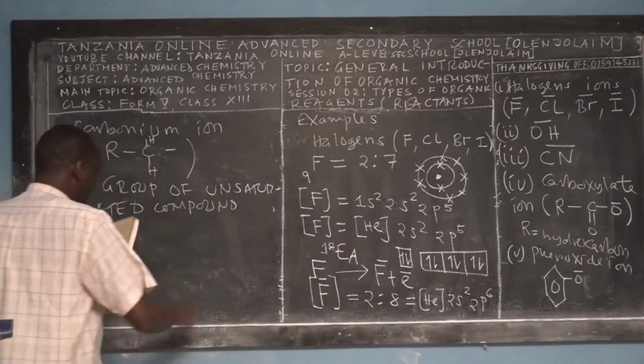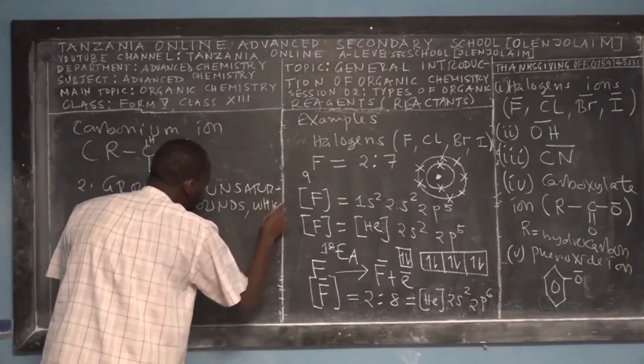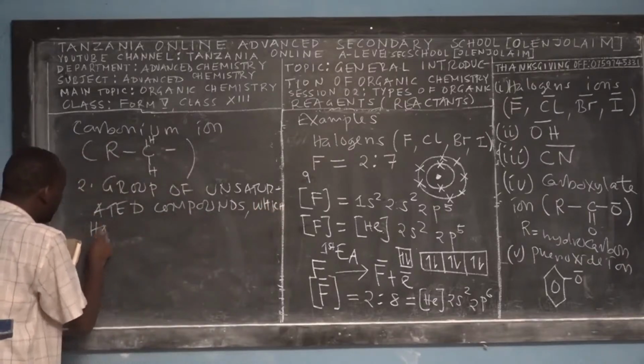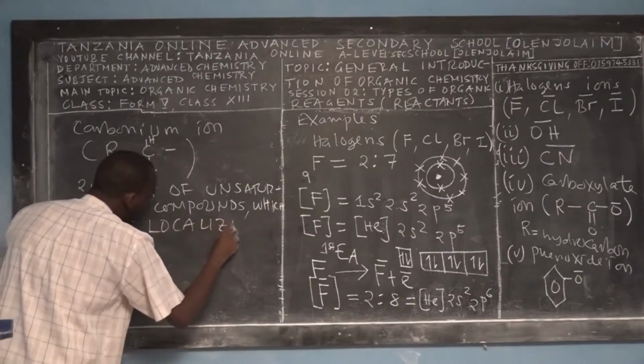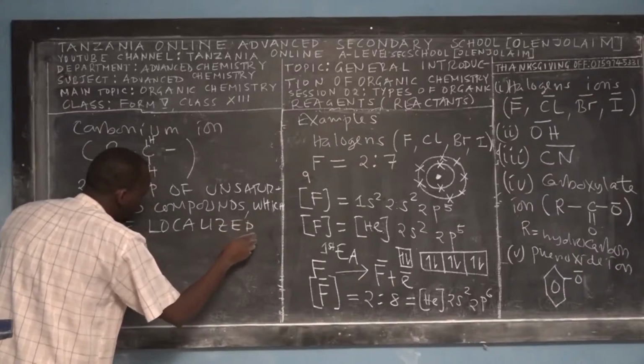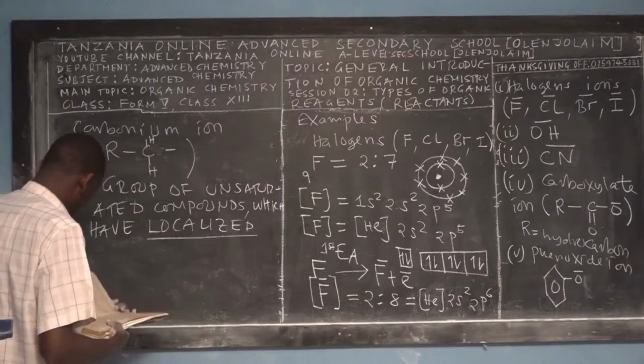Group of unsaturated compounds which have localized, this is a new story for you, localized pi bond. I introduced to you yesterday the meanings of localization and delocalization in benzene.